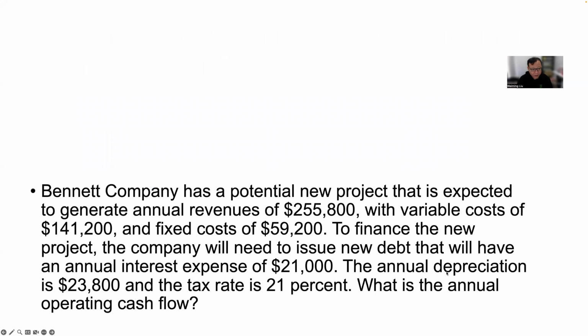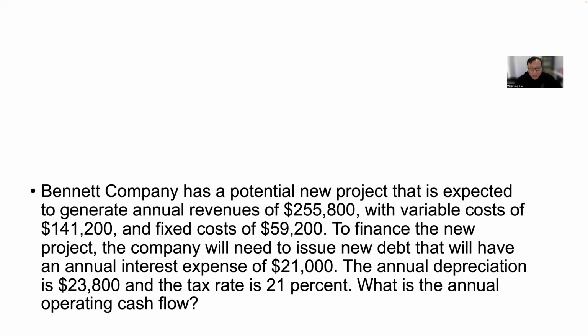The next question is about BNet company, which has a potential new project that is expected to generate annual revenues of 255,800 with variable costs of 141,200 and fixed costs of 59,200.